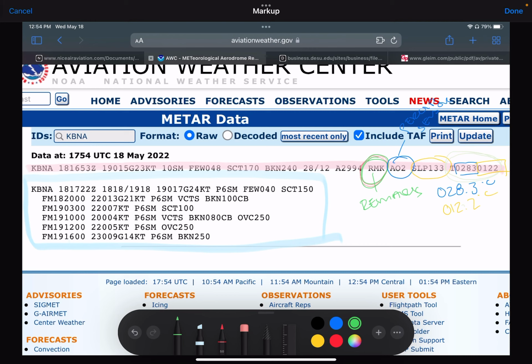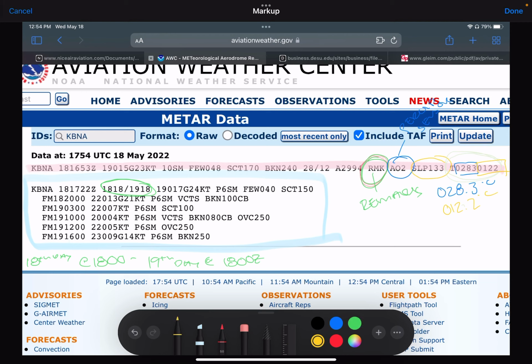And then the next part, this 1818/1918, is our validity period for the TAF. So it's valid from the 18th day at 1800 Zulu to the 19th day at 1800 Zulu. So that's going to be a 24-hour forecast is what we see here.